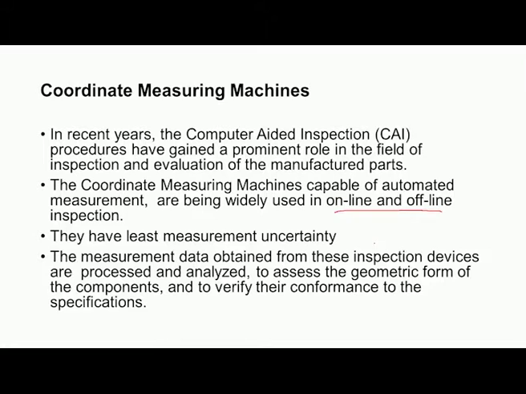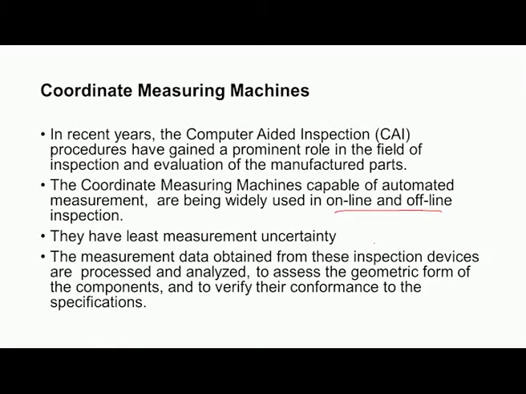and then we can load them onto the table of the CMM, and give the appropriate program for checking the various geometrical features like straightness or roundness, parallelism, perpendicularity, all those things we can check using coordinate measuring machines. Also, online inspection is possible.